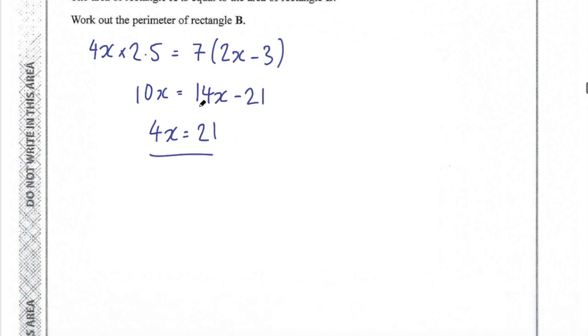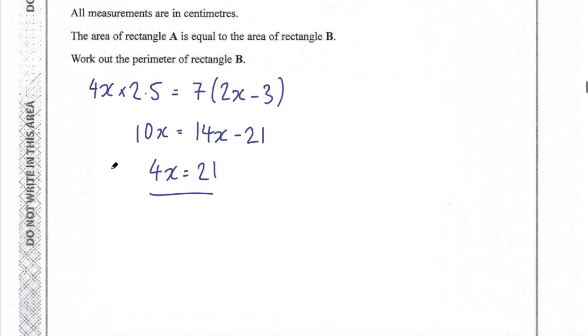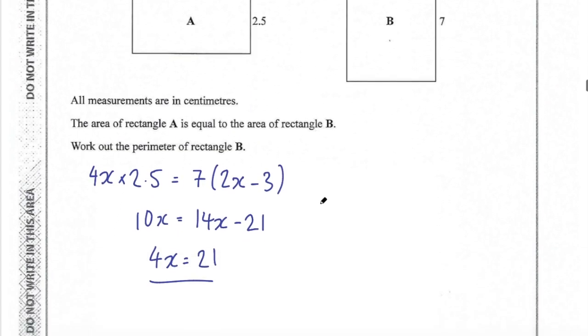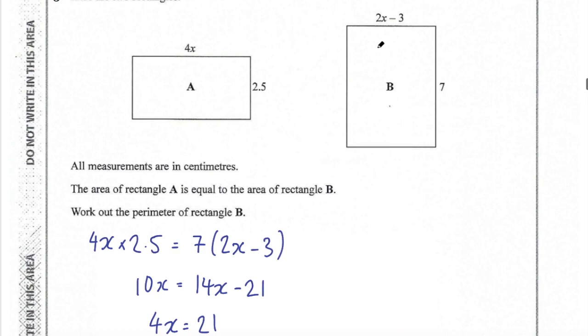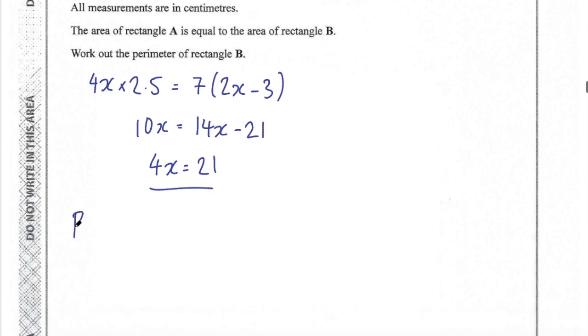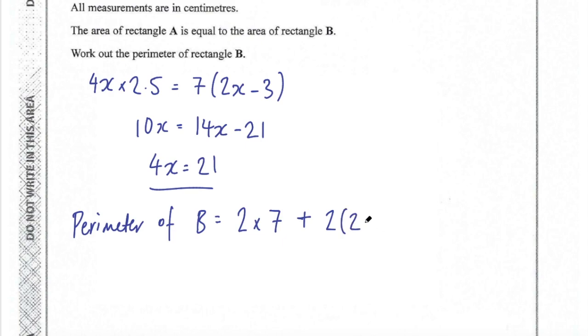So we have an expression for x, and we need to work out the perimeter of rectangle B. So that's going to be this side multiplied by 2 plus this side multiplied by 2. So the perimeter of B is going to be 2 times 7, the length, plus 2 times the width, 2x minus 3.